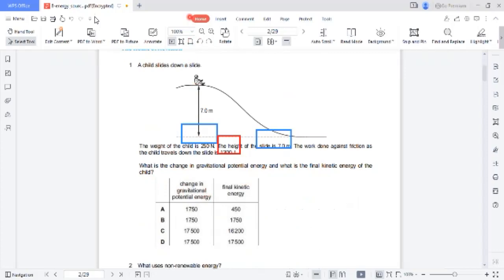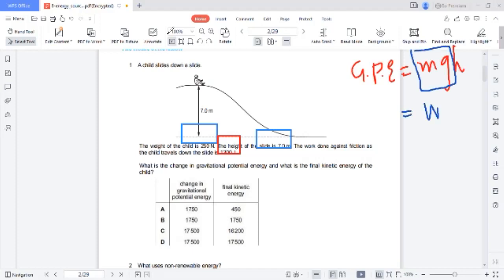So let's calculate gravitational potential energy. We know that gravitational potential energy is mgh, and we know that mg is actually the weight of the object, so we can replace mg with weight times height.